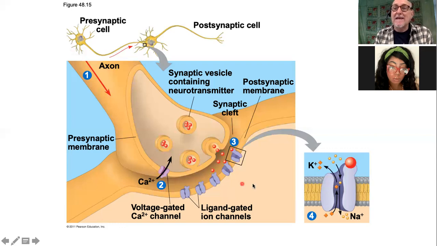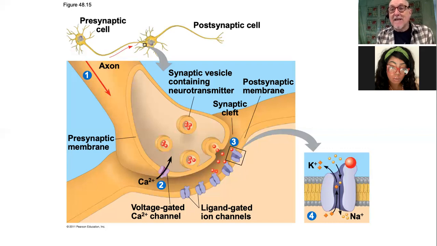So we are going to take as our major example what are referred to as ligand-gated receptors. These are ion channels which open in response to the binding of a particular substance, a ligand. A ligand is a substance which binds to a receptor.